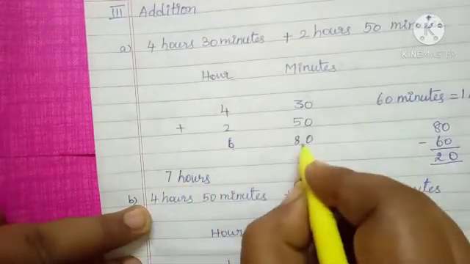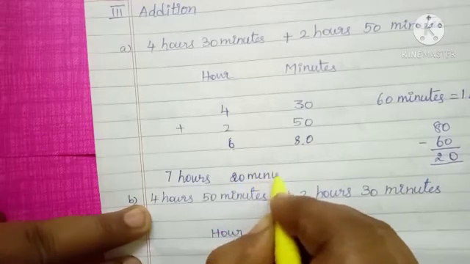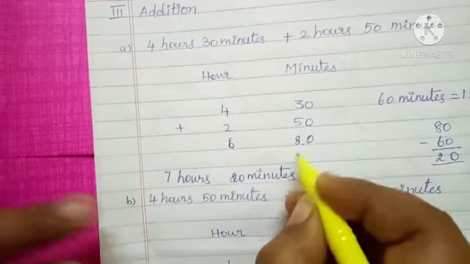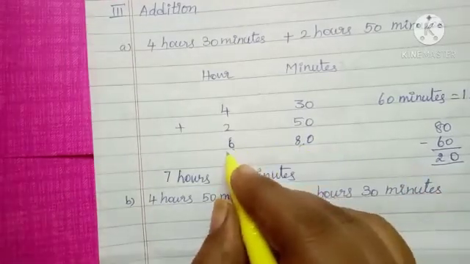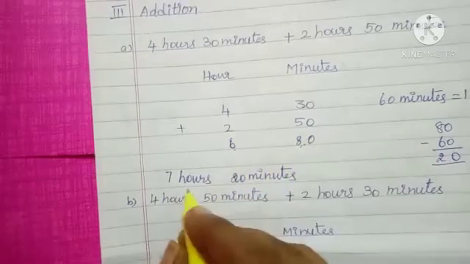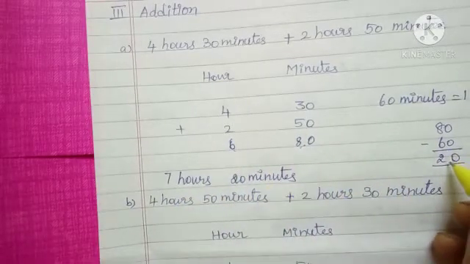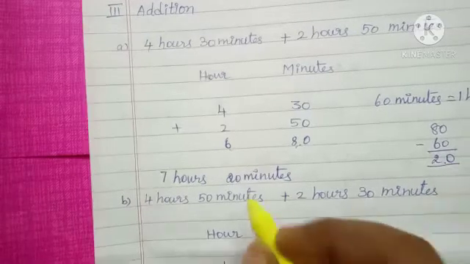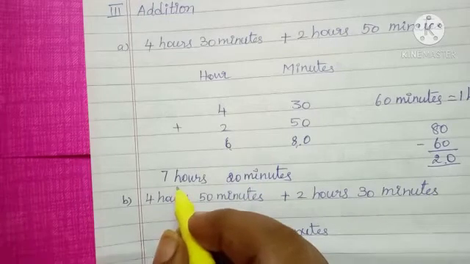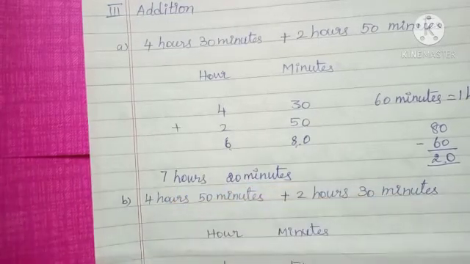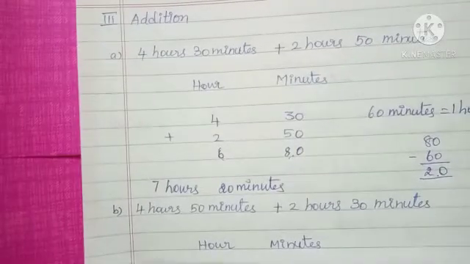So 80 minutes is converted now to 20 minutes. So 60 you take out to convert to hours. So minutes is changed: 80 subtract 60, 20 minutes. So minutes 20, hours 7 hours. Okay, it is easy to find out this addition.